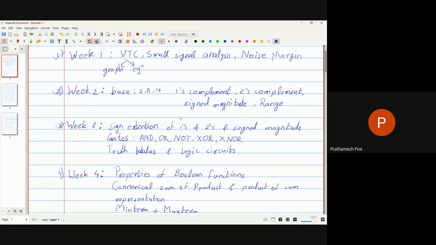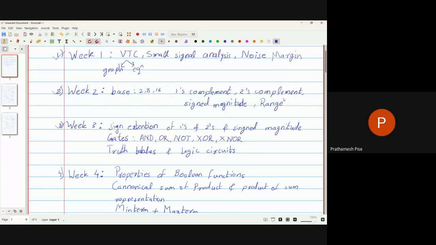And in week 2, there are all those basic conversions from base 2 to 8, 16 and 10, and 1's complement, 2's complement, sign magnitude, and ranges of all those numbers. Am I missing any topic? All topics covered in week 1 and week 2, right?